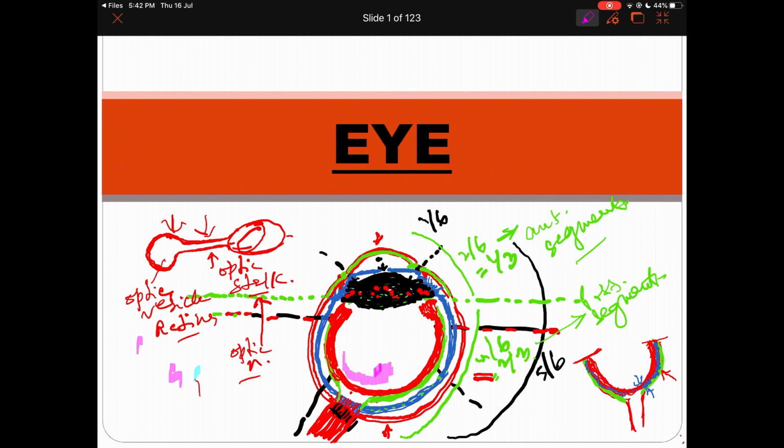So there will be vitreous now. This is the vitreous which we are filling here, which is not only supporting your lens from behind, but is also supporting your retina.